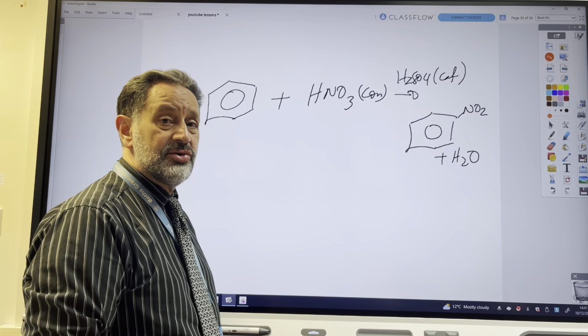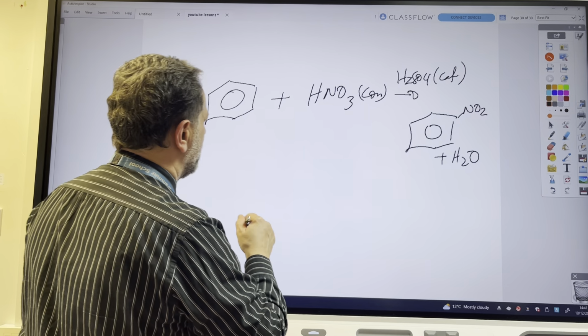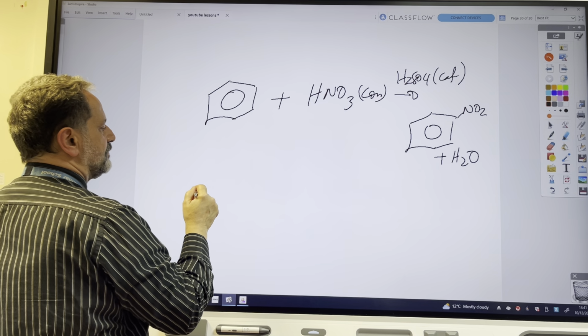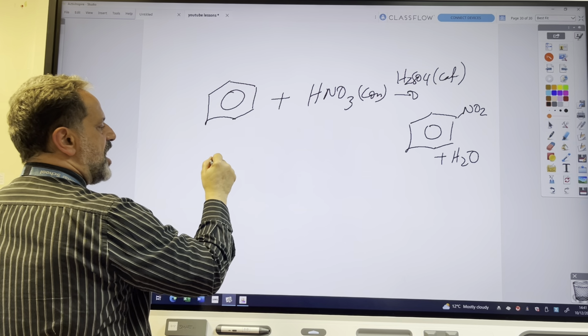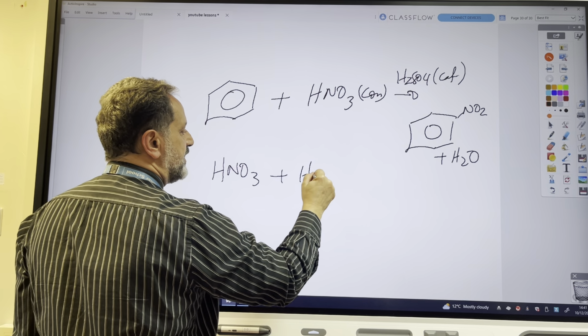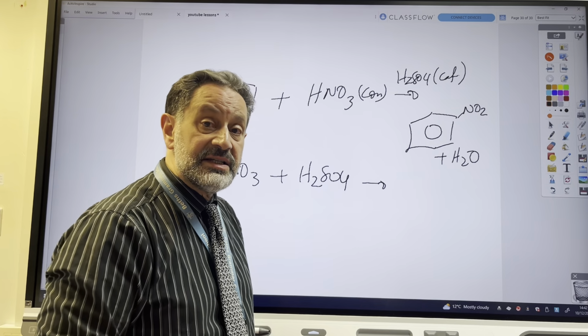A-level students will ask you, how did that happen? Let's break this thing up. What is the role of sulfuric acid here? Nitric acid, which is a very strong acid, sits next to sulfuric acid, both of them concentrated. But sulfuric acid is a stronger acid.